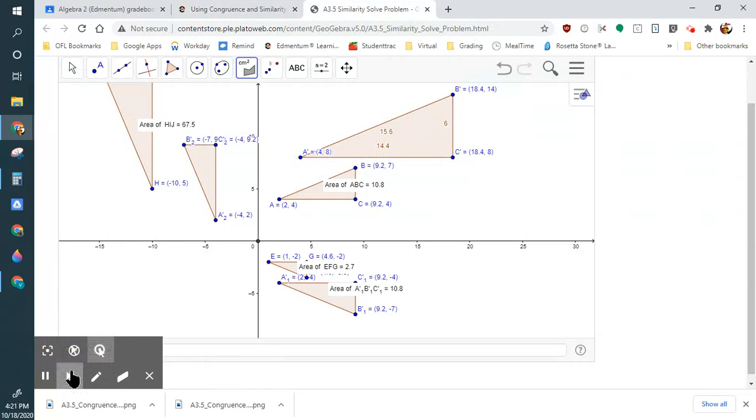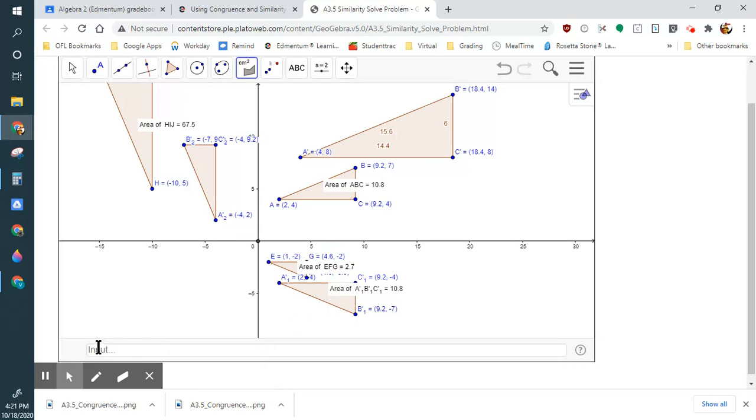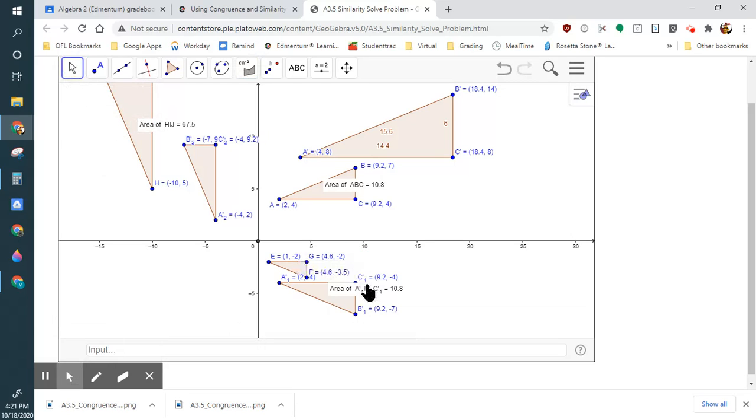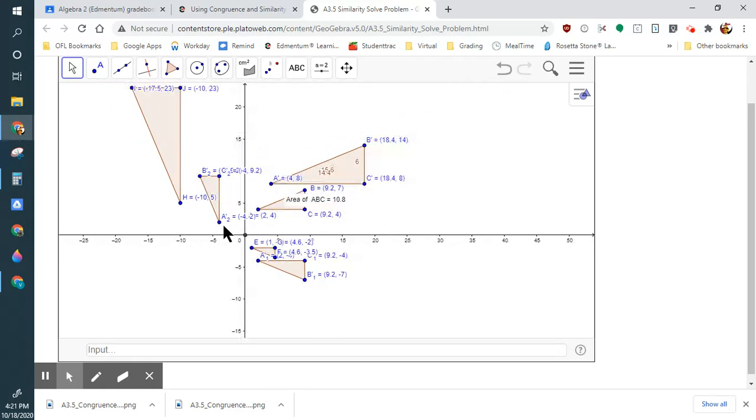In theory, let's see how it is in practice. So we've seen how area doesn't always work out that way. So let's see what happens here. I'm going to delete some of this information. I don't need all of this right now.